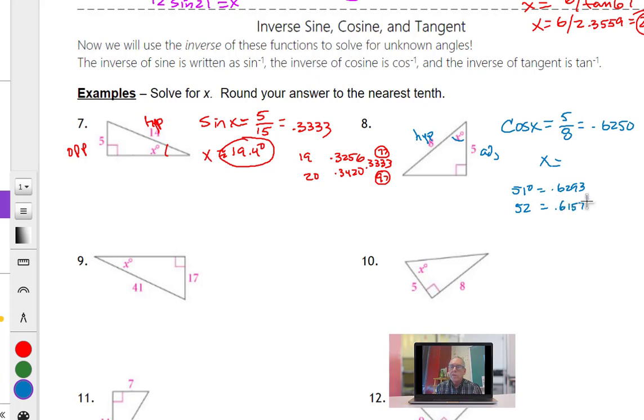So we've got 53 away from 52 degrees, and we got 43 away from 51 degrees. It's a little bit closer to 51 than 52. We might guess 51.4. So x is about 51.4 degrees.